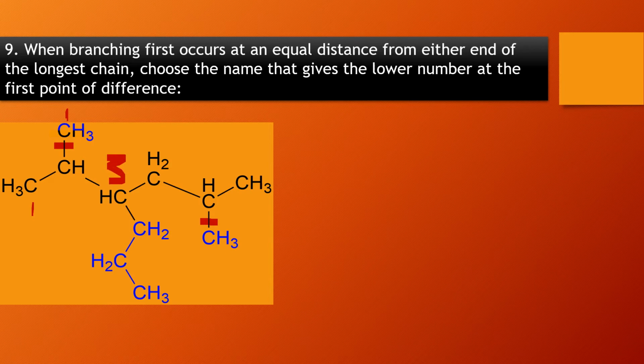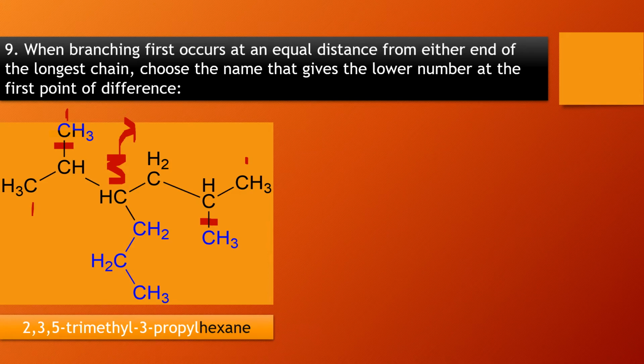But when we start from here, it will get the fourth number, right? So we will start the numbering from the side where we can get the substituent nearer. So the name would be 2,5-dimethyl.